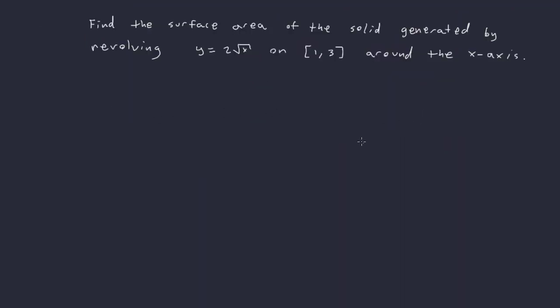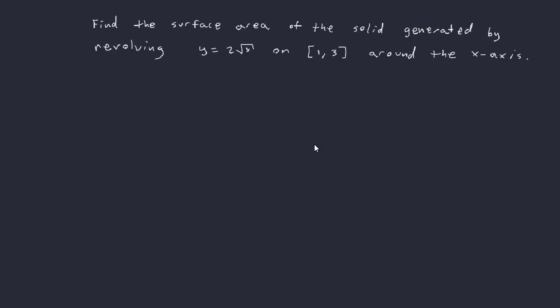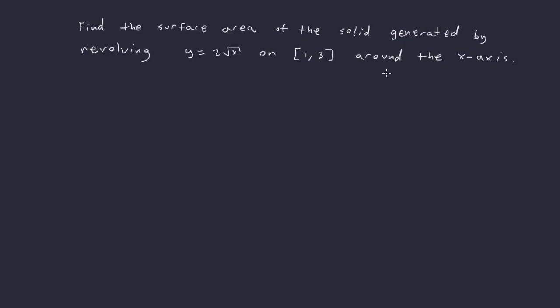Okay, so for this example, let's find the surface area of the solid generated by revolving y equals 2 square root of x on the interval 1 to 3 around the x-axis. Okay, so to show what I mean there, 2 square root x looks something like this.